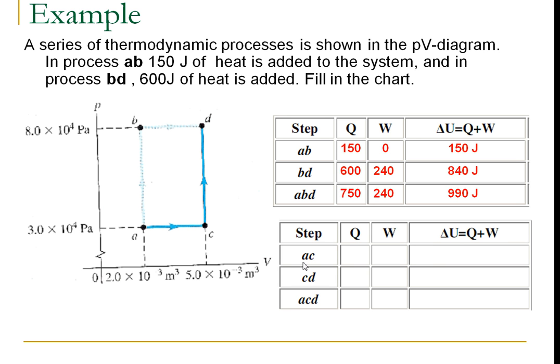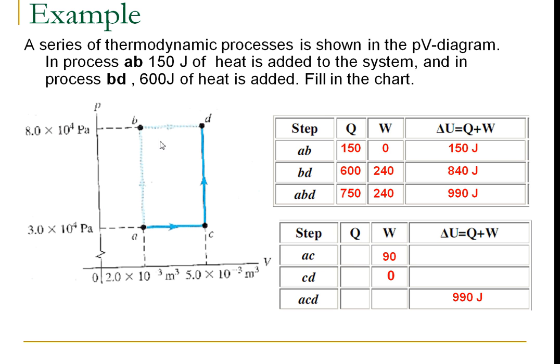Now, let's look at going from A to C to D. So we're going to reverse this process. The total energy has to be 990 joules. Let's look at the work done from A to C. From A to C, we have a pressure of 3 times 10 to the 4th pascals and a delta V of 3 meters cubed.